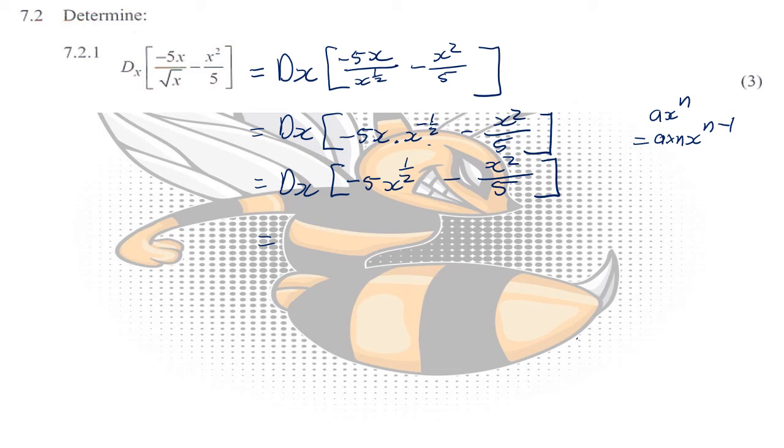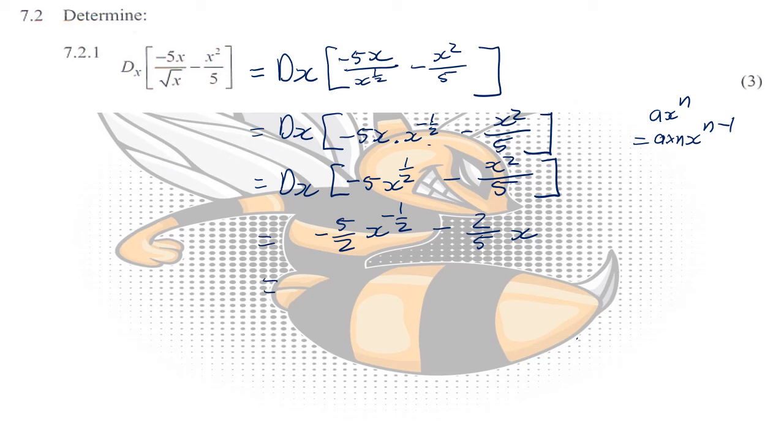So the minus 5x to the power of a half then becomes minus 5 over 2, and then if we take 1 and we subtract it from a half, it gives me negative a half. So minus 5 over 2 x to the power of negative a half. And with the x squared over 5, it becomes 2 over 5 x. We take the 2, we multiply it with the 1 over 5, and we subtract 1 from the exponent.